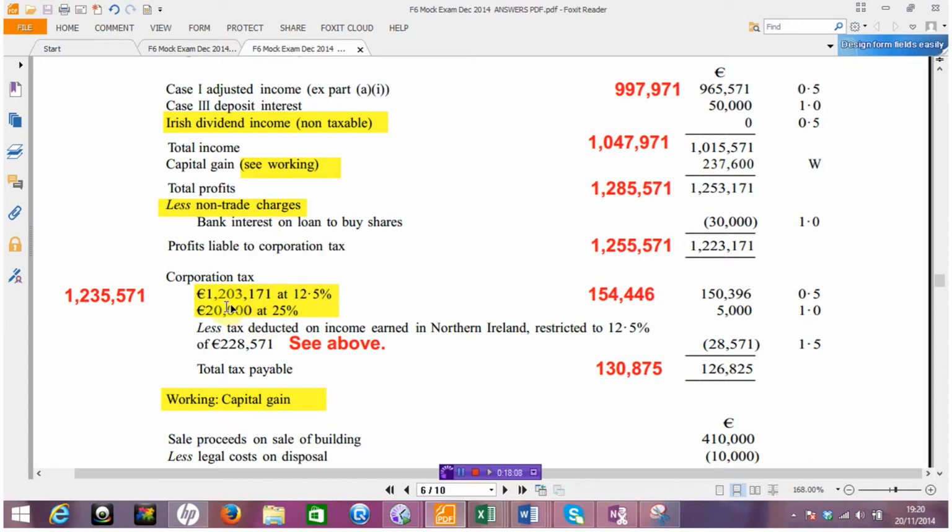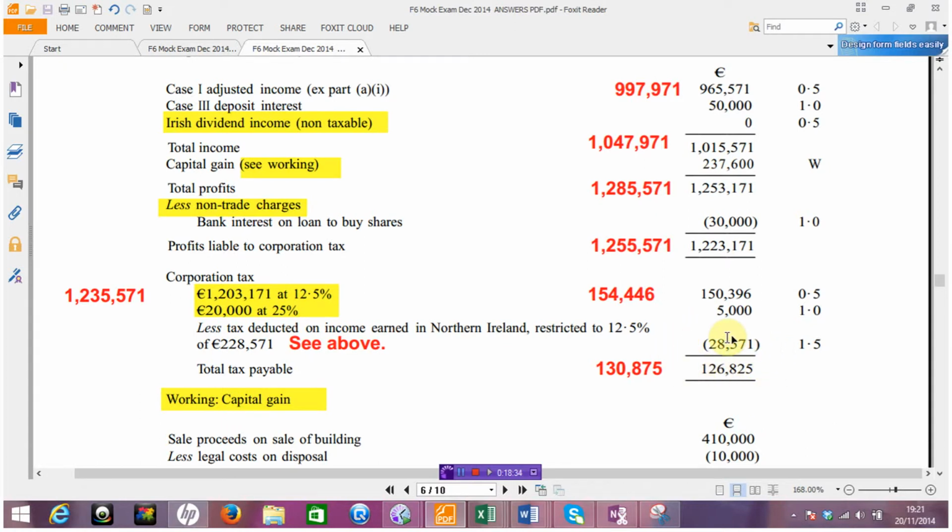The balance obviously at 12.5 as per normal, and this is the adjustment that I mentioned in relation to the branch profits. So in effect, this 228 is included because we've added it back within the add-backs above.